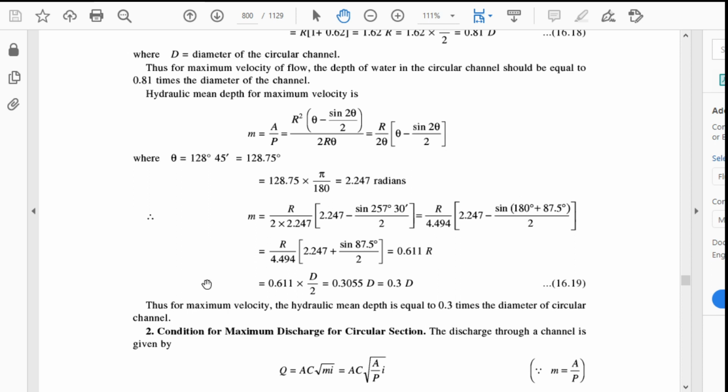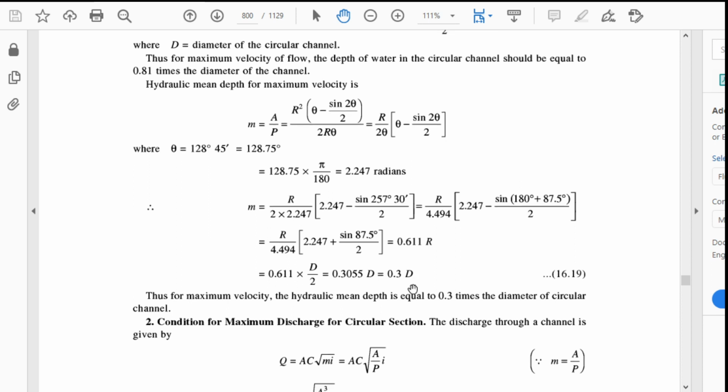So for maximum velocity, the hydraulic mean depth comes out to be 0.3 times the diameter of the circular channel. Okay, so this is for maximum velocity. For maximum velocity, the theta value is 128 degrees 45 minutes, and the hydraulic mean depth is 0.3 times the diameter. You have to remember these conditions.